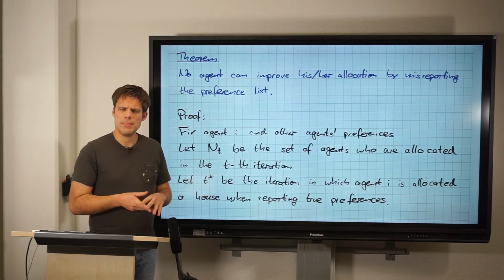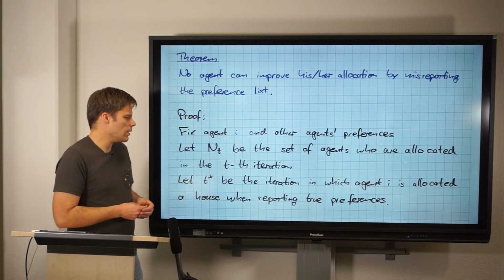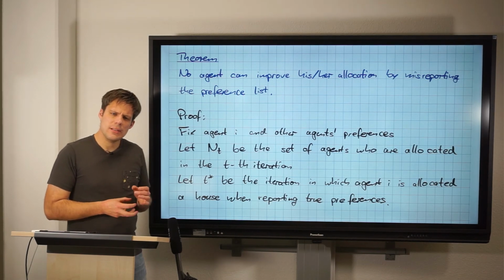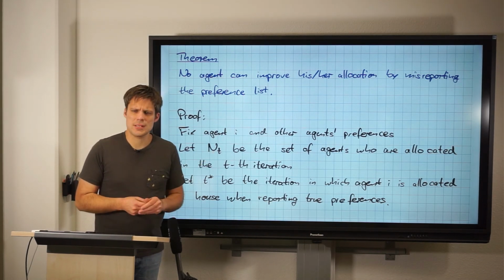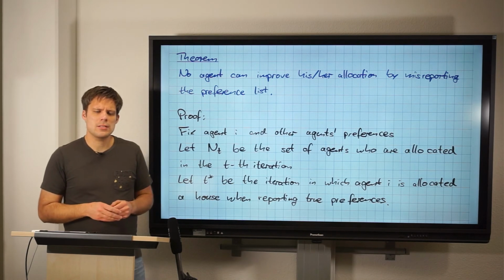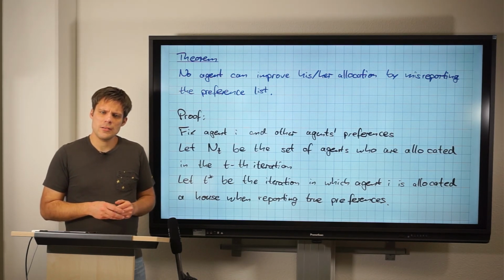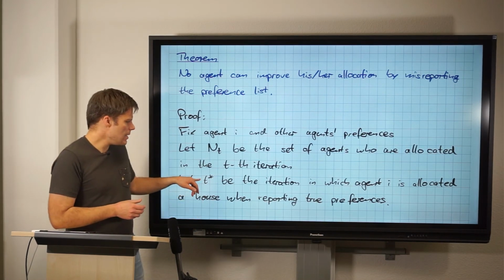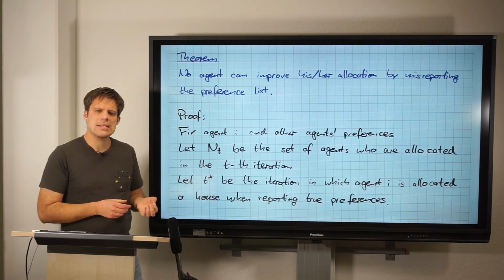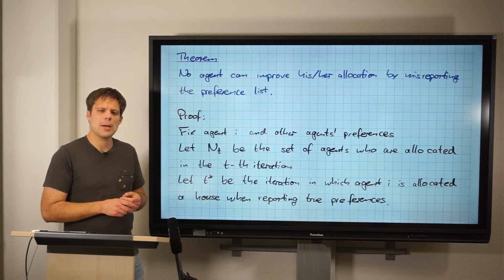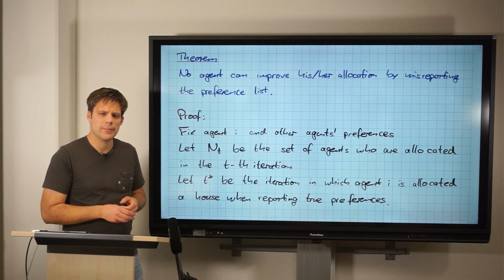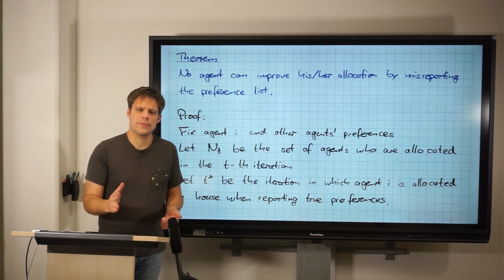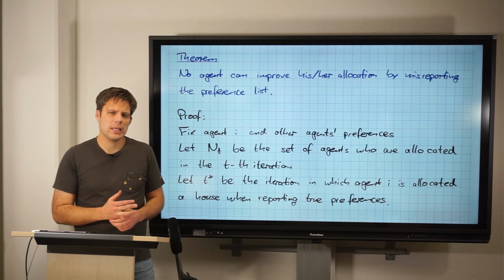Now, what might be beneficial for Agent I? Agent I sees actually in these earlier steps, in N1 through NT star minus 1, there the better houses are allocated. Those are the houses that I prefer most, because in round T star, I'm getting my most preferred of all remaining houses. By now misreporting my preferences, I could move myself further to the front. I could probably get an earlier house.